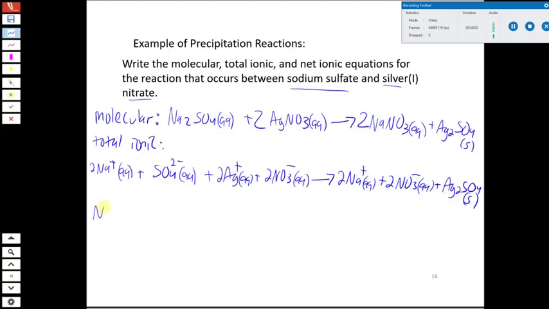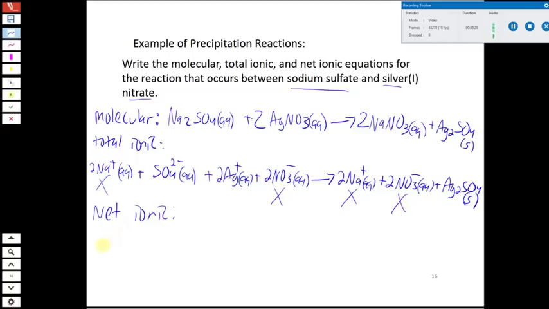And then finally, for the net ionic, we have to cancel out spectator ions. So we see that on both sides of the arrow, we have 2 Na plus over here, 2 Na plus on the product side, so those are spectators. And then the other spectator ion is nitrate, NO3 minus. 2 NO3 minus is there, 2 NO3 minus is there, so it's another spectator ion.